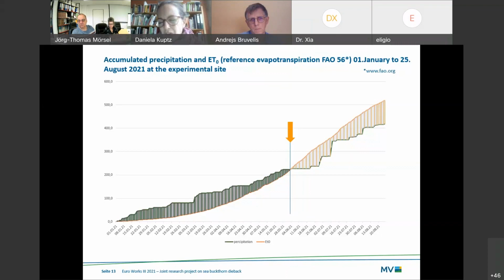This would be very interesting because you can divide your season into 3 or 4 parts, and then you can calculate the evapotranspiration of your site with the key factor of your culture, and then you get a more precise value for your irrigation.